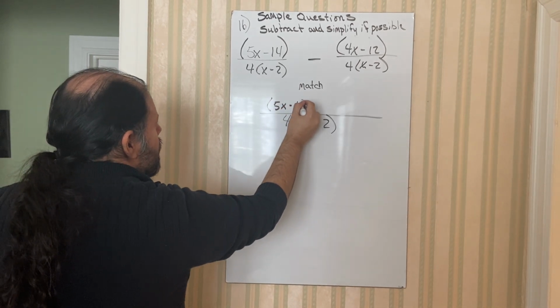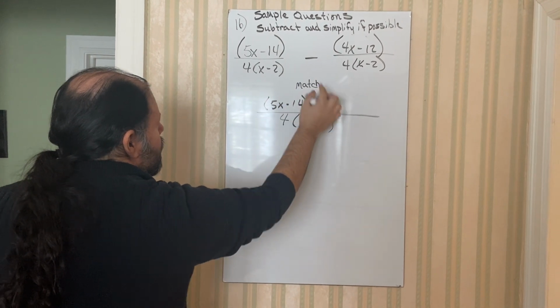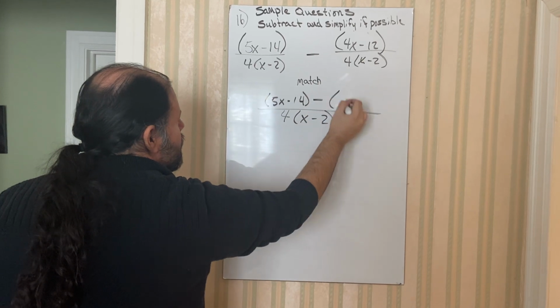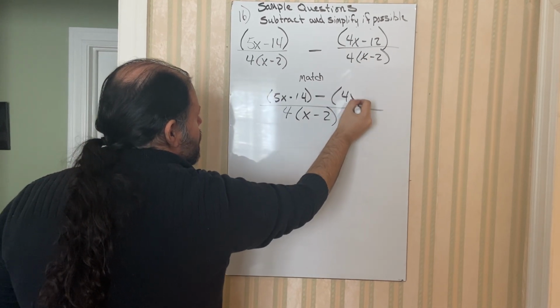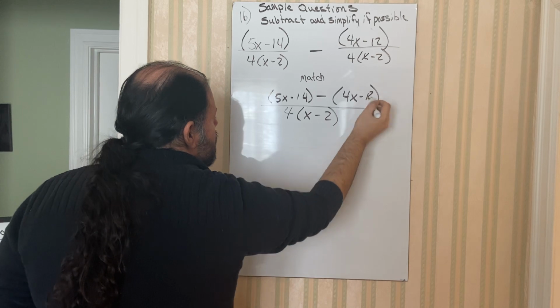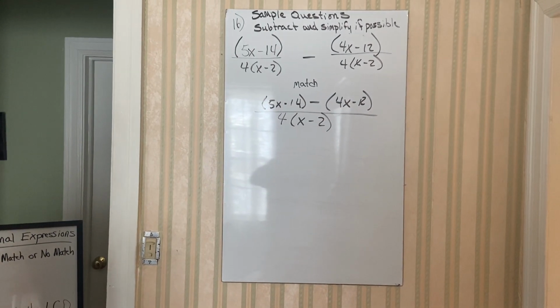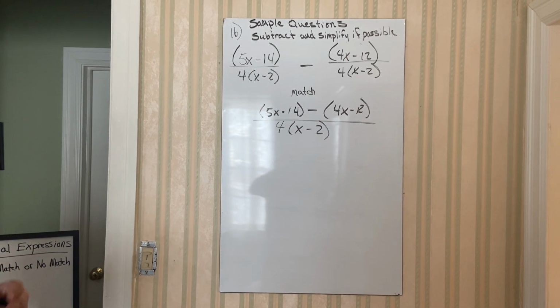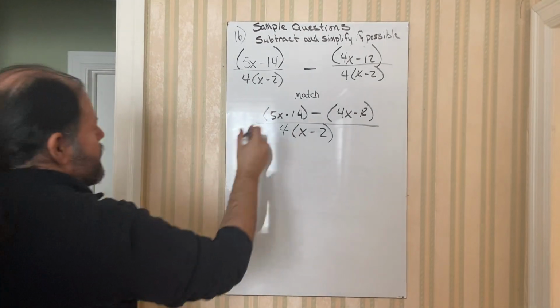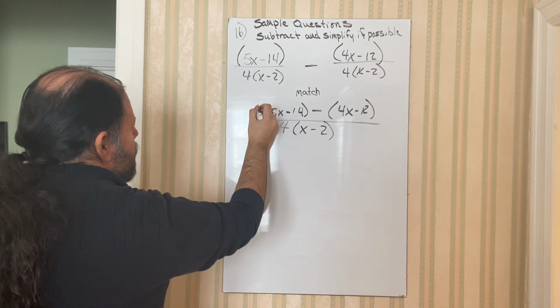Then we're going to write the subtraction sign. And then we're going to write this numerator with the parentheses. Notice it's all now on one fraction bar instead of two separate fraction bars. To get rid of these parentheses, we will distribute understood 1.